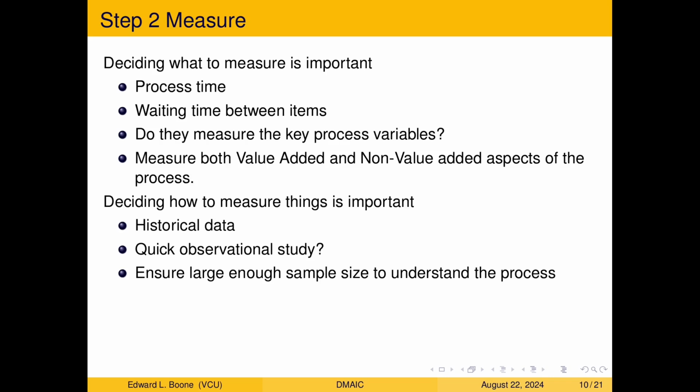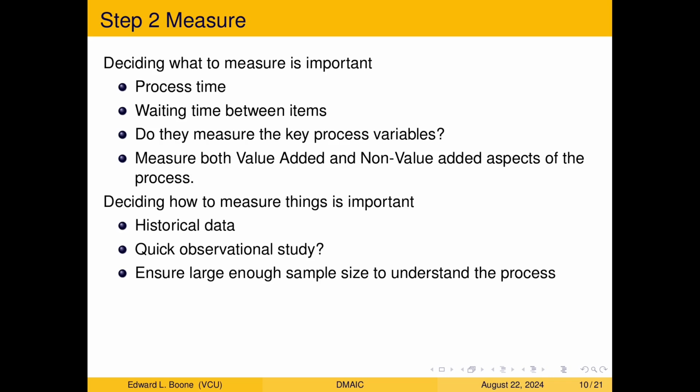Well, you can look at important items like historical data. So, for example, I've been paying attention to this process, and it seems as though it runs out of quality control, or it sits idle a lot, which costs money, or there could be lots of information that already exists, and that can tell you, oh, wait, we should really pay attention to that.